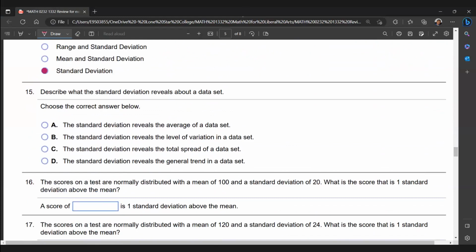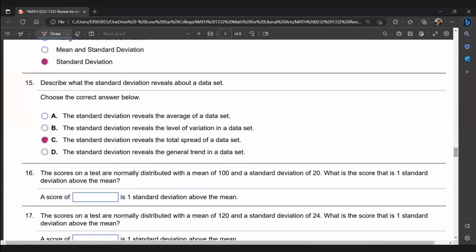Okay, so let's see. 15. Describe what the standard deviation reveals about the data set. The standard deviation reveals the total spread of a data set. Okay, it doesn't talk about the average. It doesn't reveal the level of variation. It reveals the total spread. Oh, the level of variation. I think this will be the range.